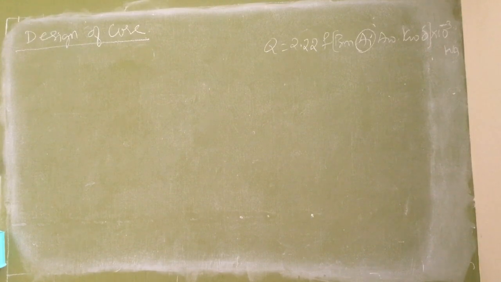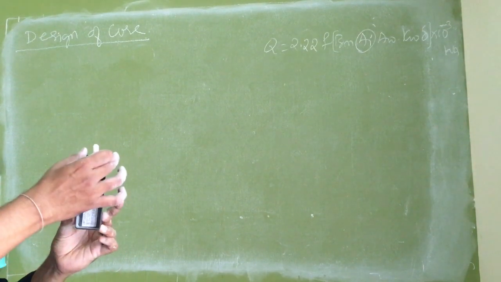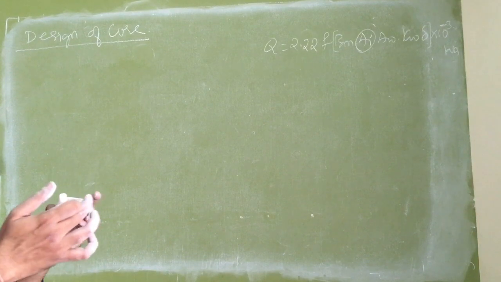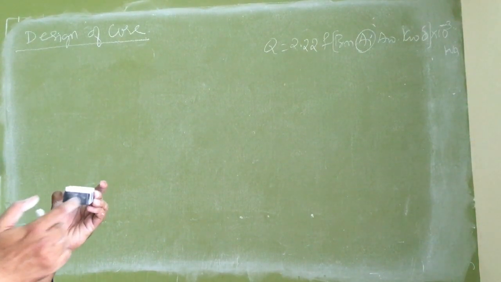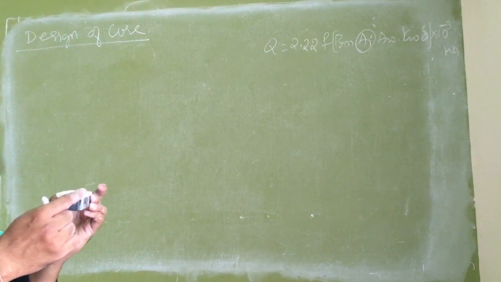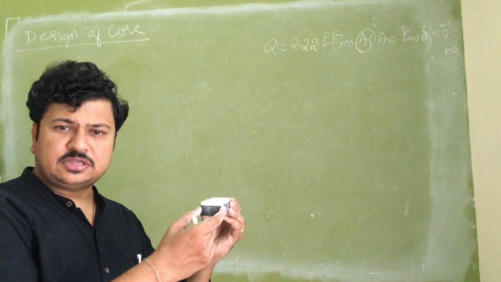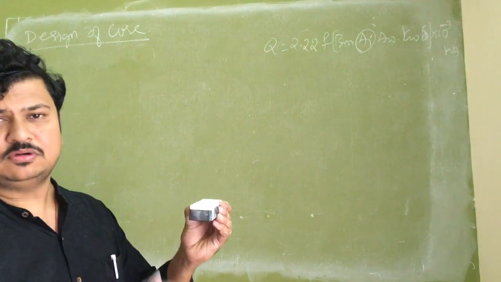Say for example, this is a core, and this is the length or height of the core. But what is the cross section of the core? Am I using a square section, a rectangular section, a circular section, or a stepped core?